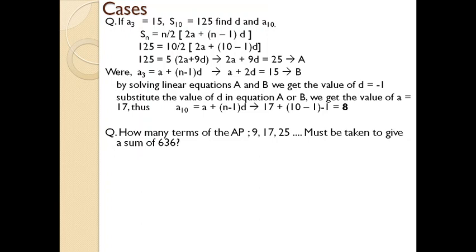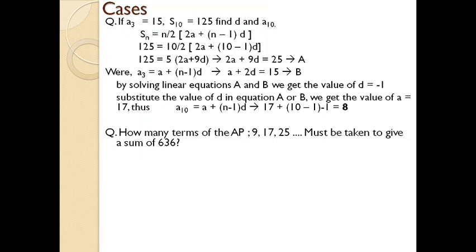How many terms of the arithmetic progression 9, 17, 25 must be taken to give a sum of 636? Here a series is given and you need to find how many numbers there must be in that series so that the sum of all those numbers is 636.